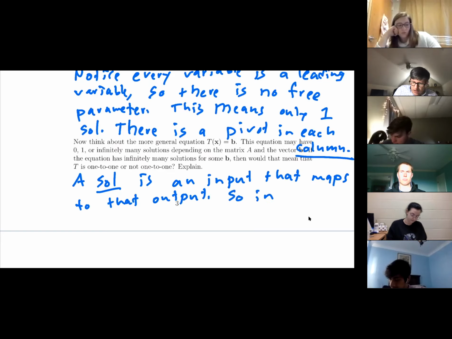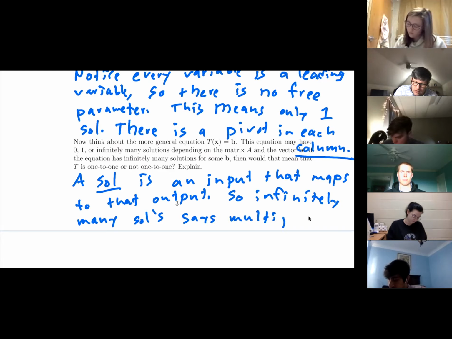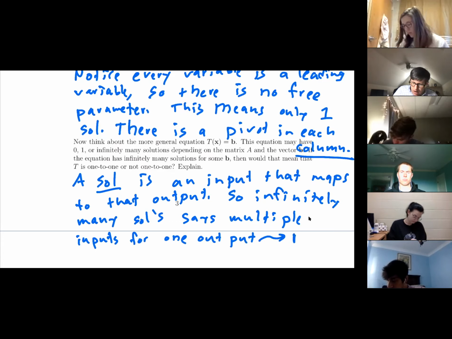So infinitely many solutions says multiple inputs for one output, not 1-to-1.